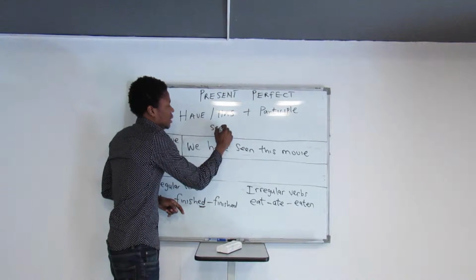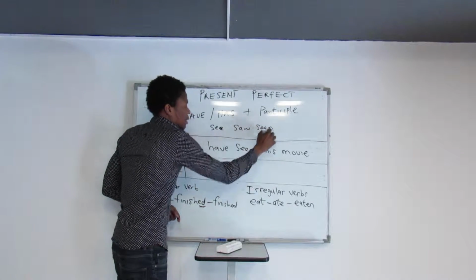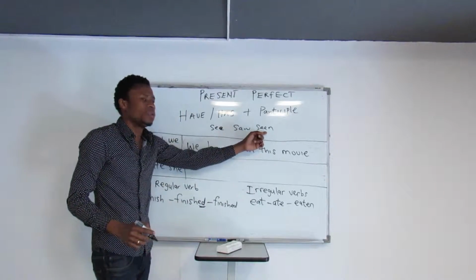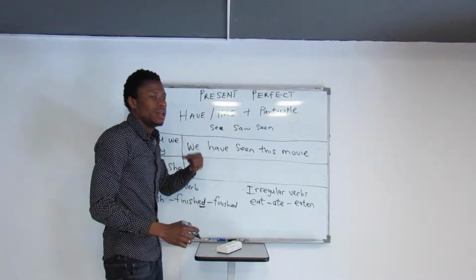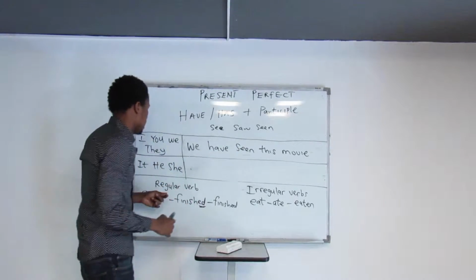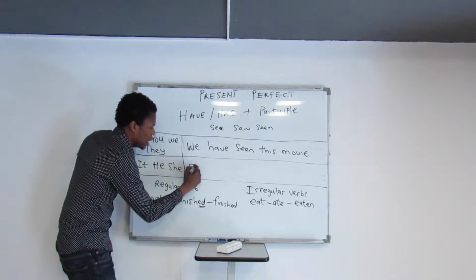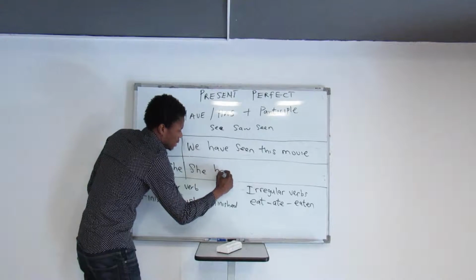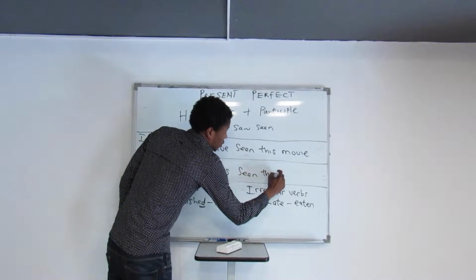And for see, we have see, saw, and seen. So we have the third form of see, which is seen, as the participle in our sentence, which makes us understand that we are talking about a present perfect. And in this situation, we can also have she has seen the movie.